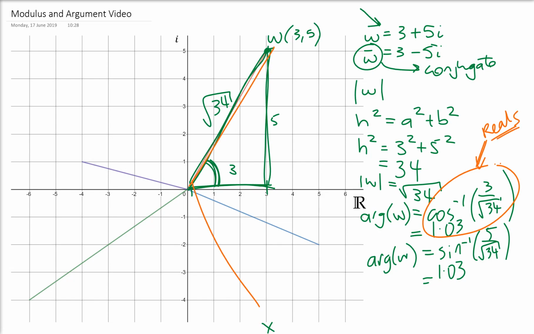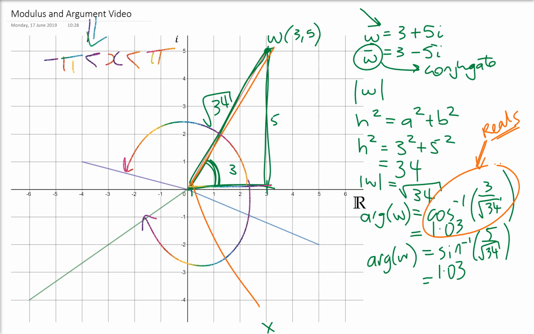Our arguments always go from the real axis over to there, or there, so arguments are always between negative pi and pi.